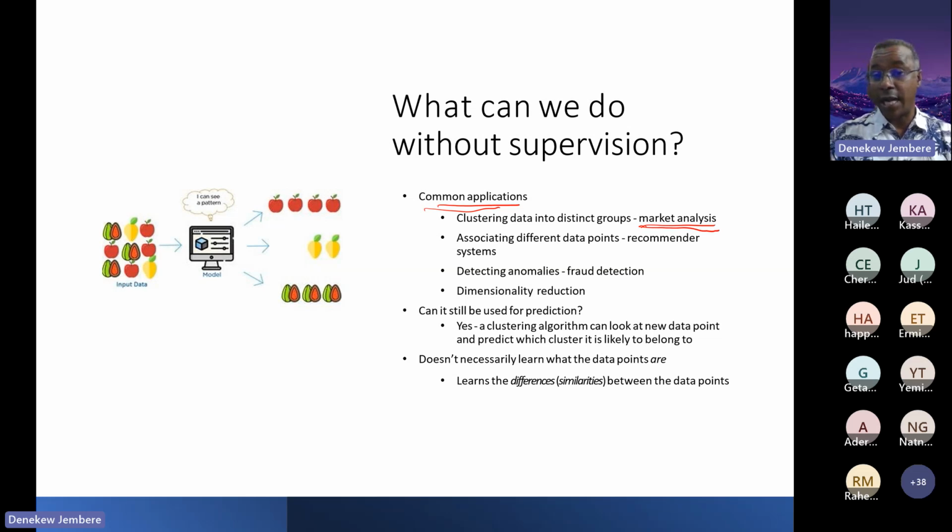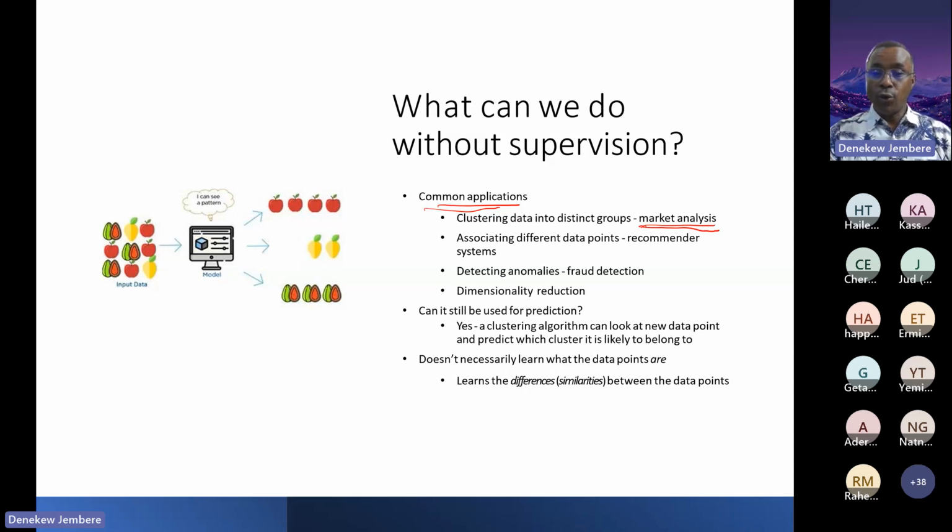And dimensionality reduction is another approach. Dimensionality reduction means you may have thousands of features in your data set. And instead of dealing with those thousands of features, some of which may not be applicable for the type of problem that you're dealing with, you can cut most of these dimensions into a manageable set of dimensions that you can deal with. So that's dimensionality reduction.